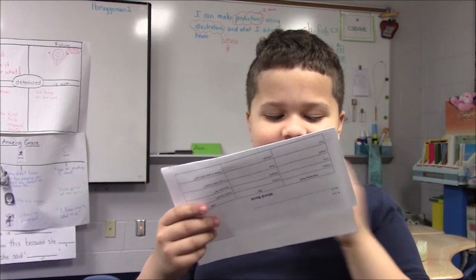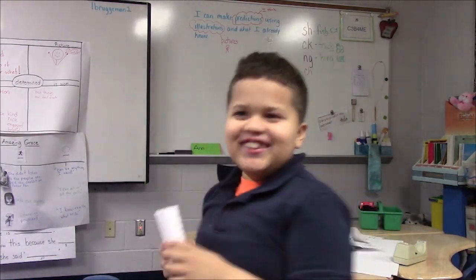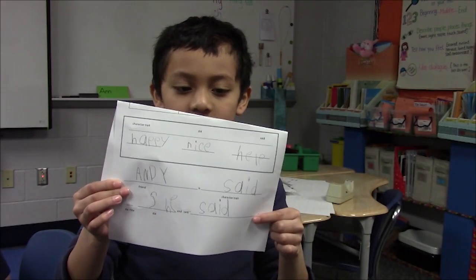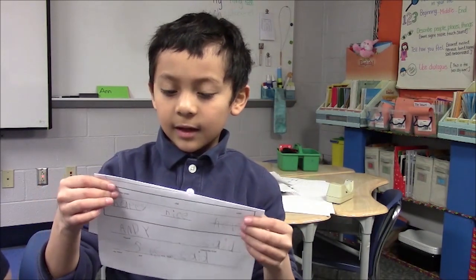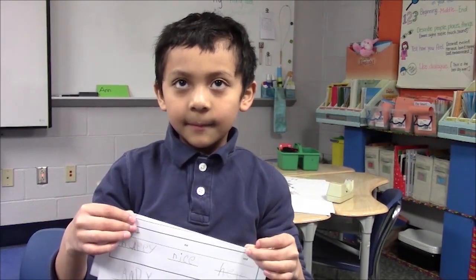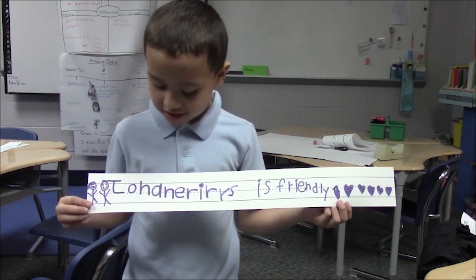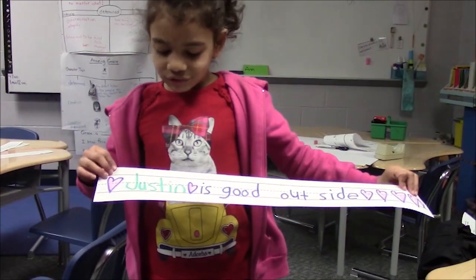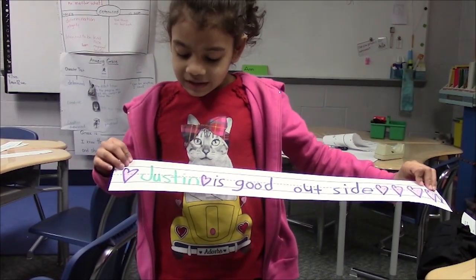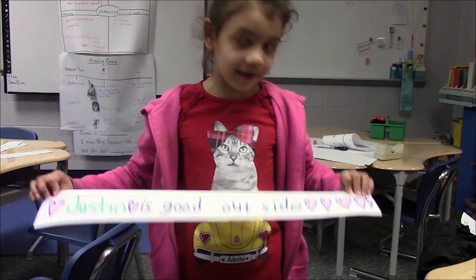Judy is nice. She says, "Are you okay?" 3, 2, 1, action. Journalist is family. 3, 2, 1, action. Justin is good outside.